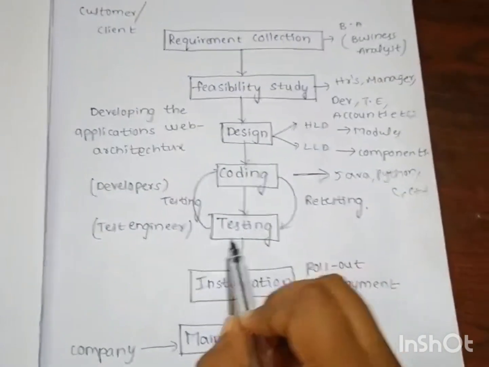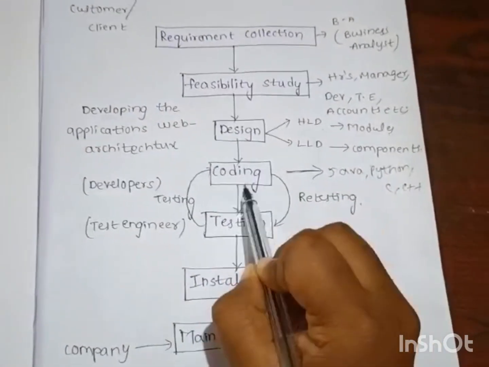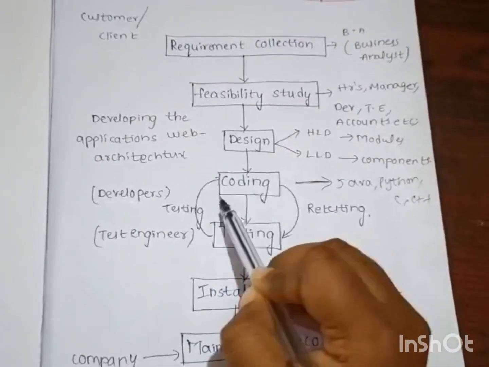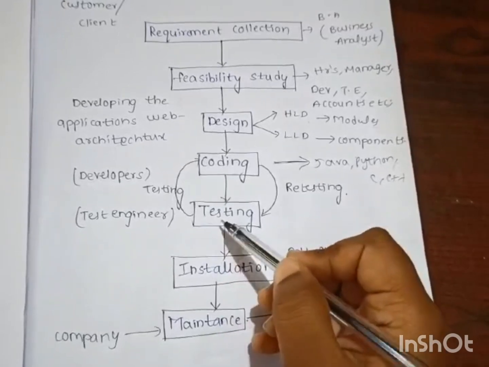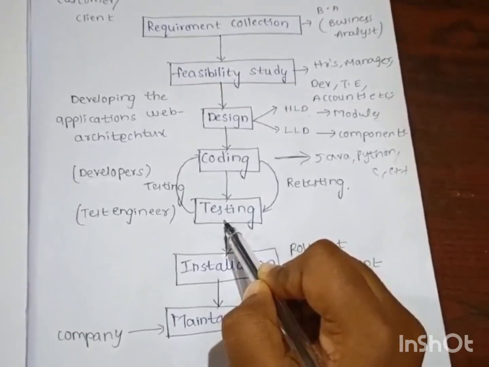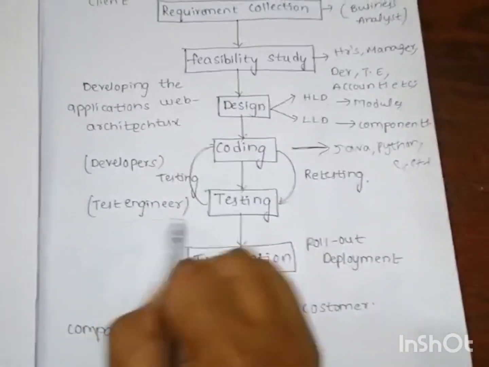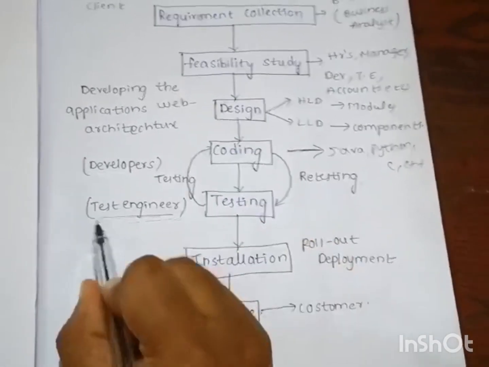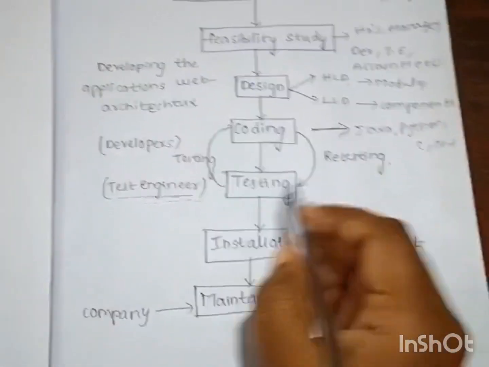So the next phase is testing. Once the coding is completed, we provide it to the next phase, that is testing. Here the test engineers come in. The test engineer will start checking the functionality of an application.